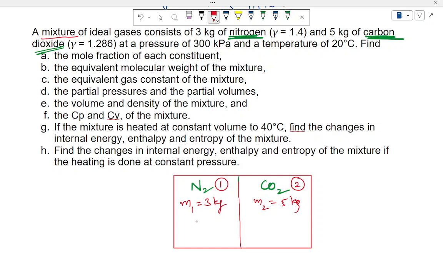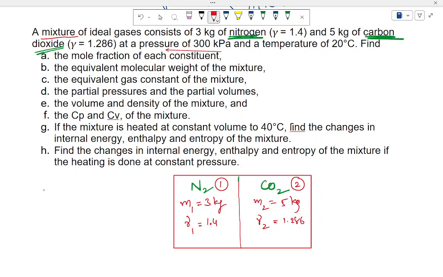And what else is given? The gamma 1 is given. So the gamma 1 is 1.4 here, and the gamma 2, which is nothing but the adiabatic index. Adiabatic index will not have any unit. 1.286 is the value given to your gamma for the CO2. And here he has also given the pressure.